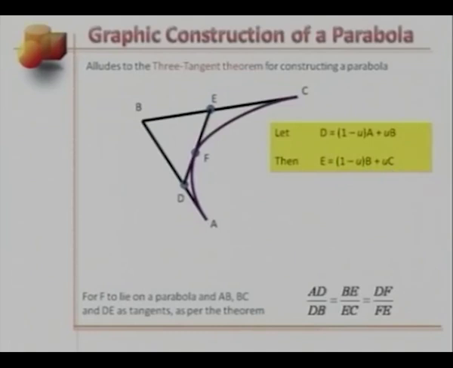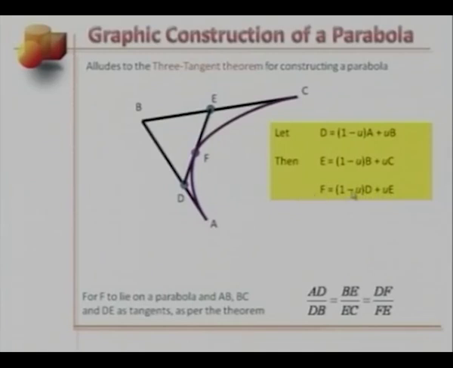Notice how the length ratios are being maintained. The value for parameter U would be identical in these two relations. And finally, F as 1 minus U times D plus U times E. Again, the length ratios are maintained.